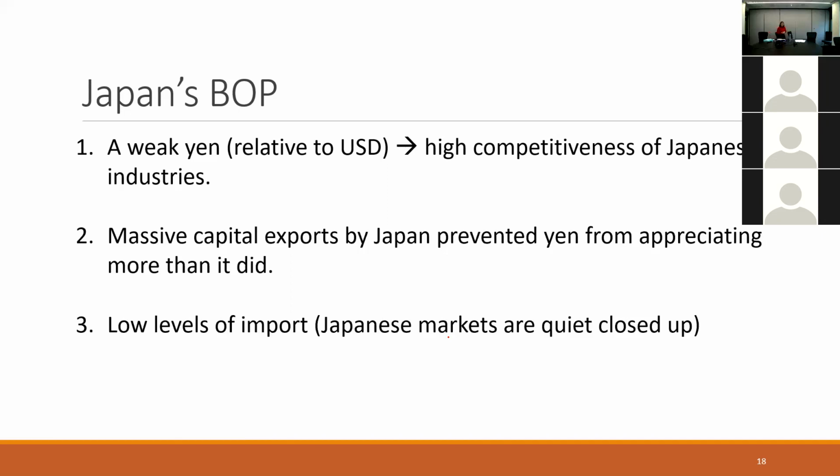And the last reason is because of the consumption behavior of Japanese. So the markets in Japan are quite closed up in the sense that Japanese people prefer to consume domestic goods and services.